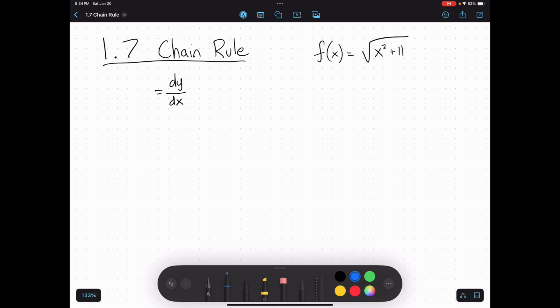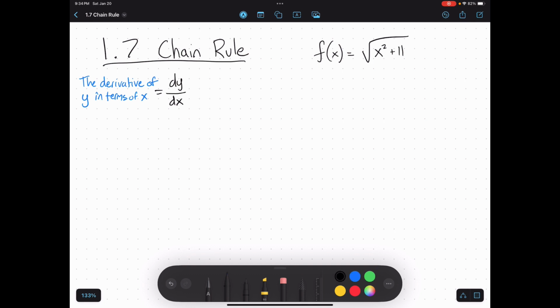Now, to be clear, I can also write this as the derivative of y in terms of x. That's the other way you can think about it. It's the derivative of a function y in terms of this variable x.